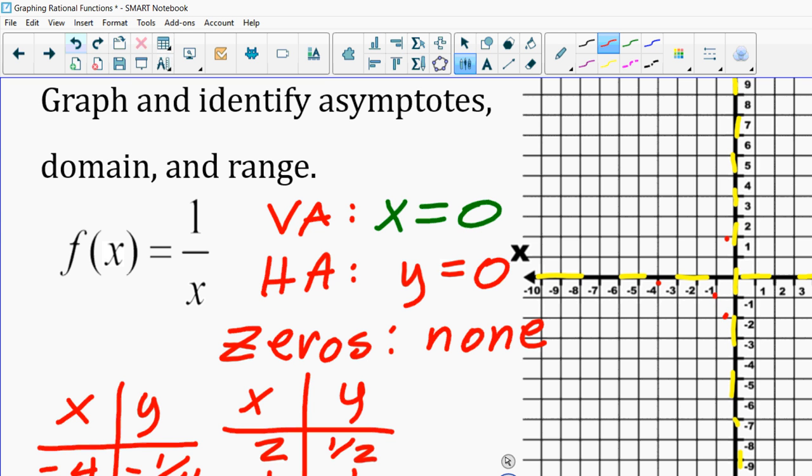Negative 1, negative 1. Then the other side is 2 and 1/2, 1 and 1, and 1/2 and 2. And draw your picture. You know what the picture looks like. You've got it on your calculator screen.